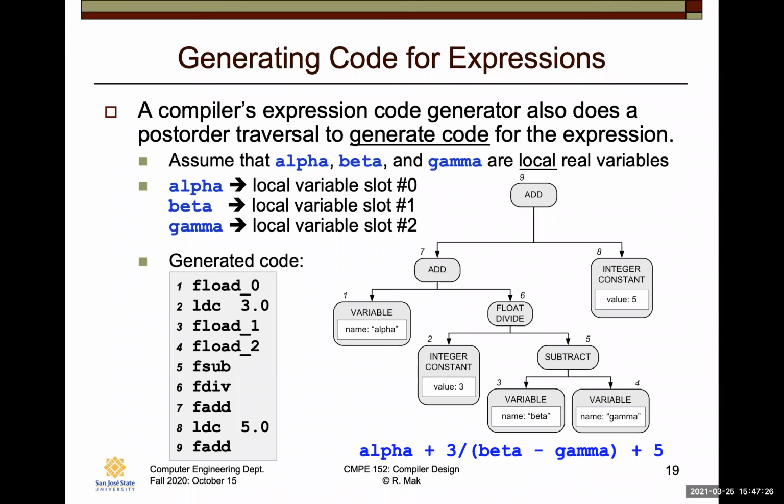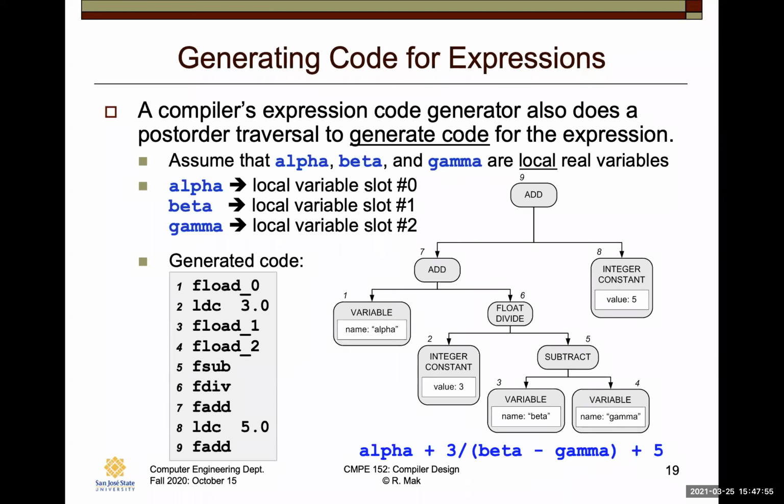So it knows that this node has to be floating point, as opposed to integer, and so it knows that I'm going to emit the fsub instruction as opposed to the isub instruction. So code generation is not that mysterious. However, we do have to keep track of a lot of details.